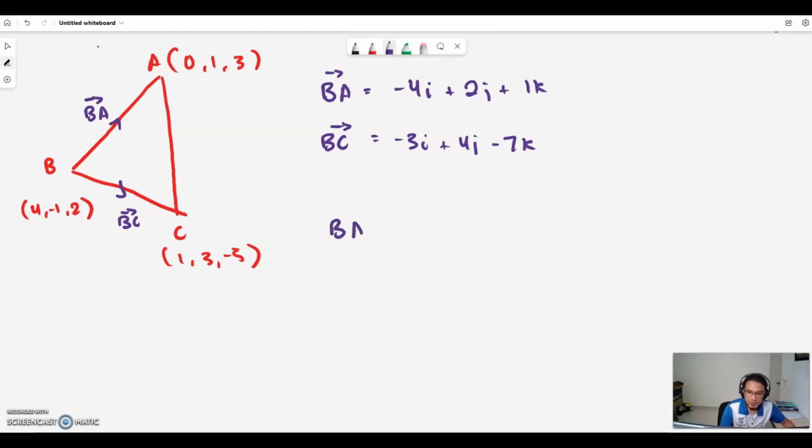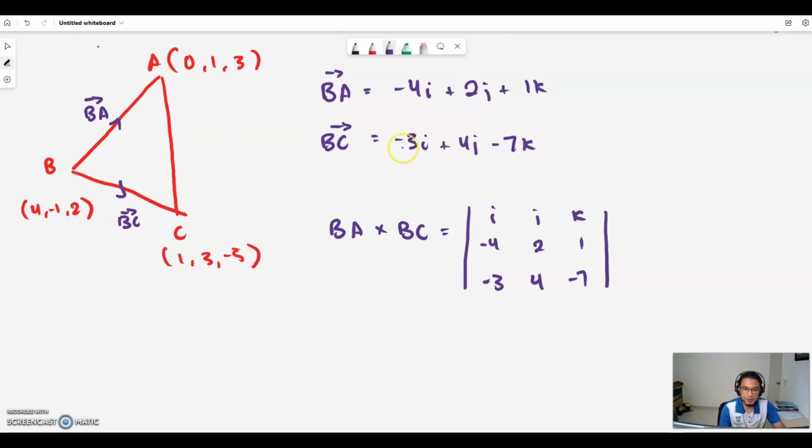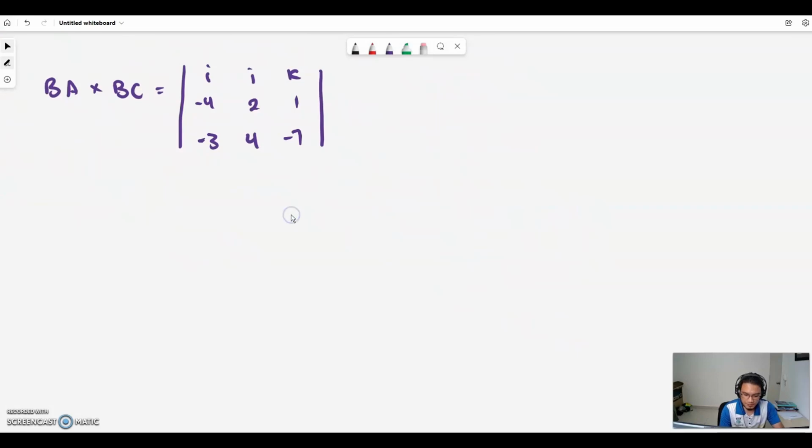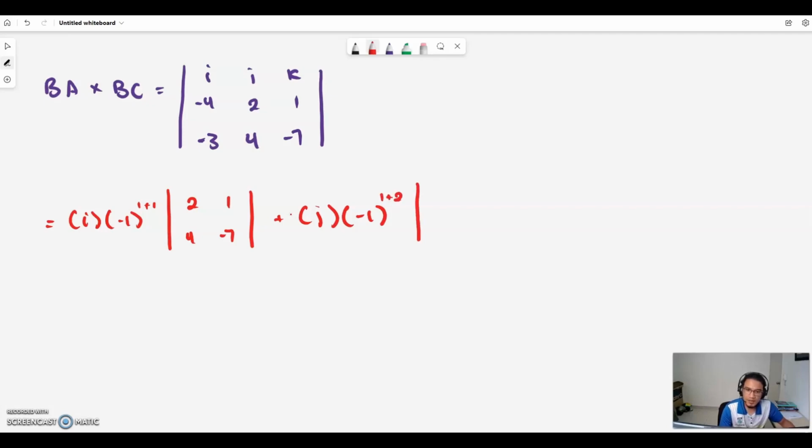So we first do BA cross BC, with i, j, k, negative 4, 2, 1, and negative 3, 4, and negative 7. And now we do the determinant. It is the i, negative 1 to the power 1 plus 1, then the minor.